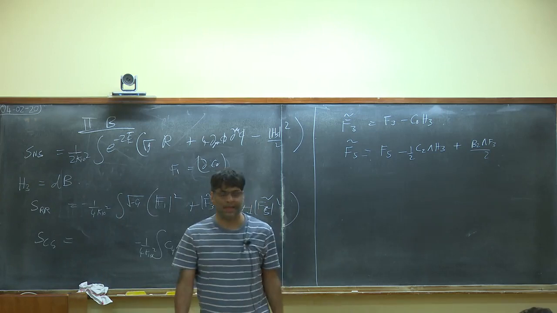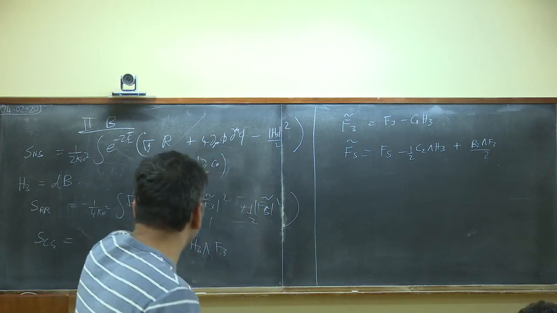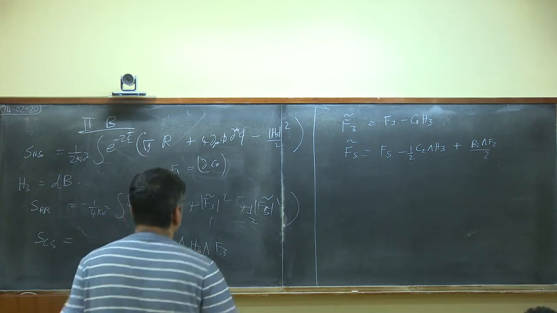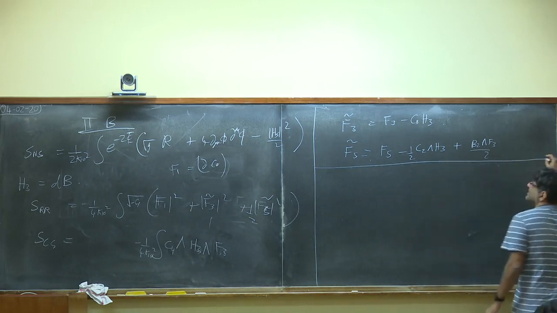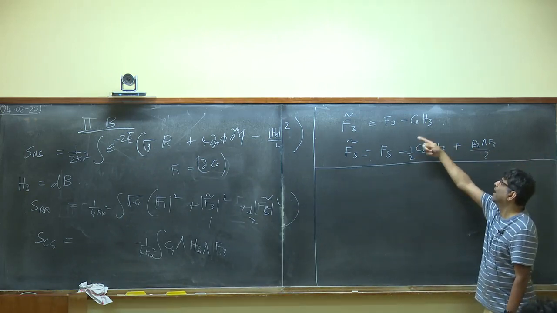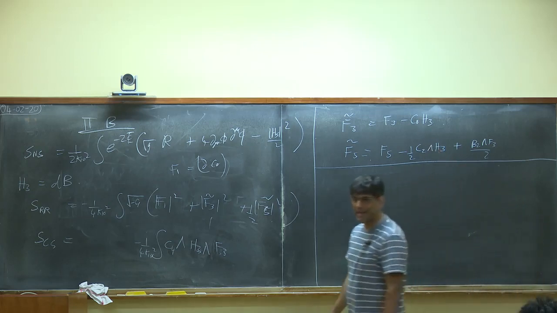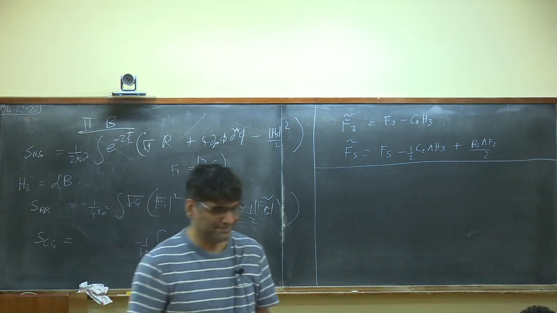Okay. Now, where did this come from? Why did the action involve this combination of gauge fields? To remind you how that worked, let me remind you how it worked for 2A.